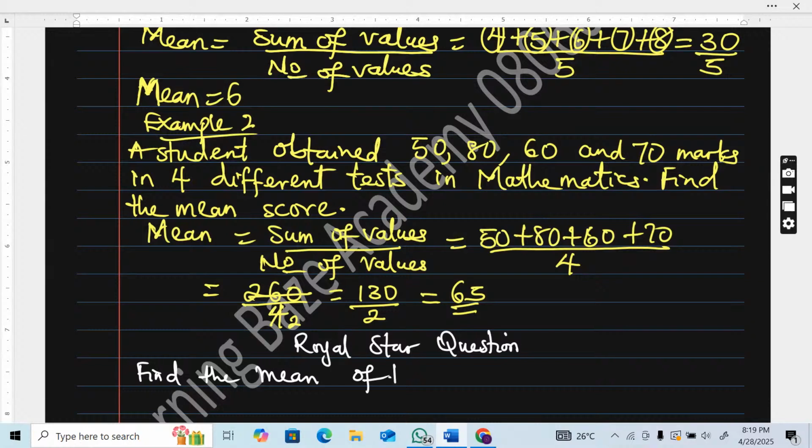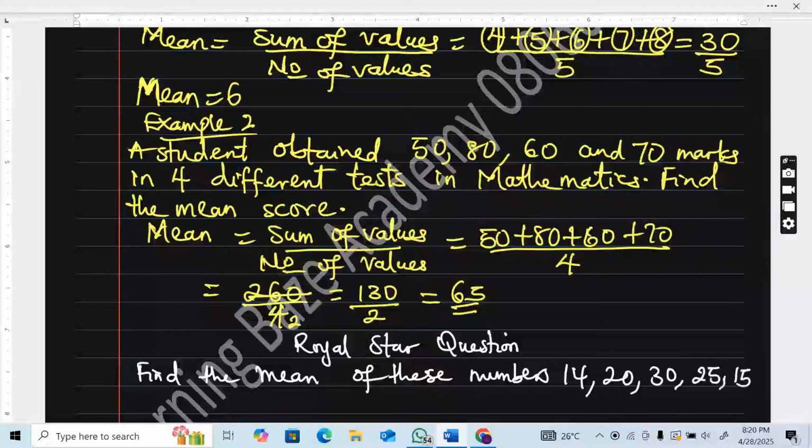Find the mean of these numbers: 14, 20, 30, 25, and 15.